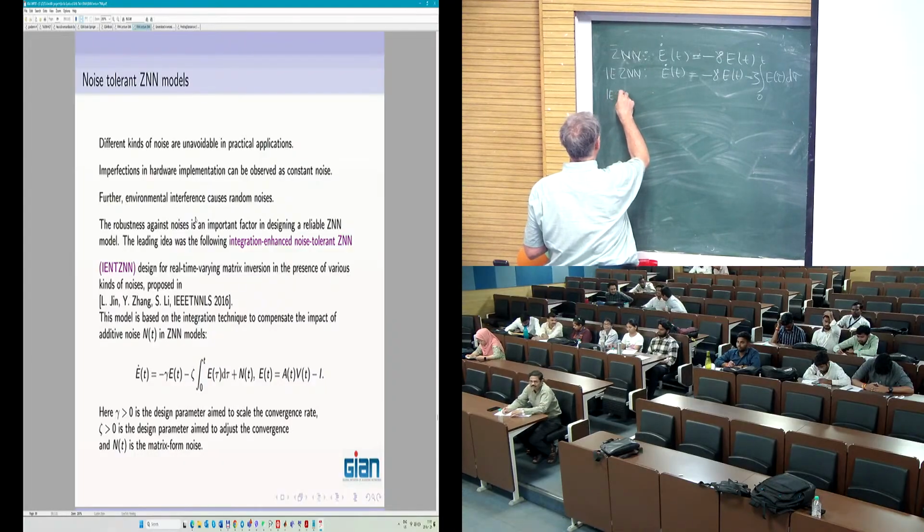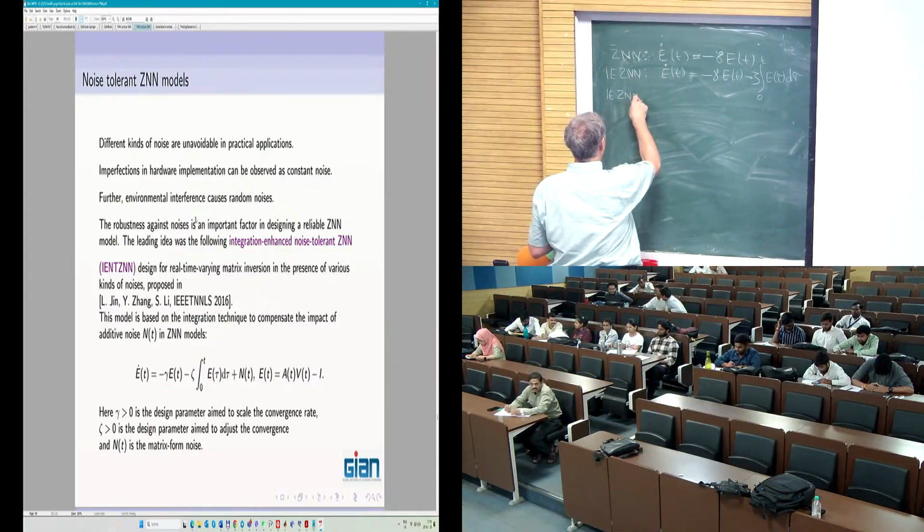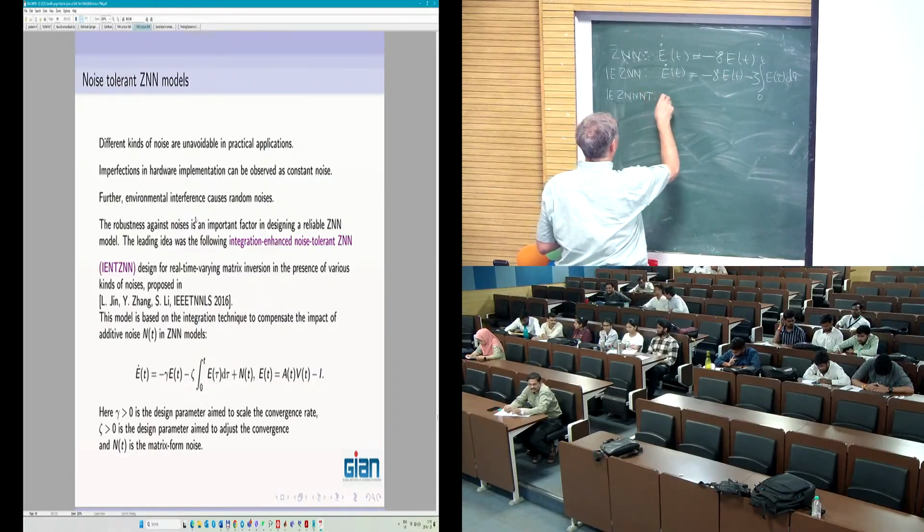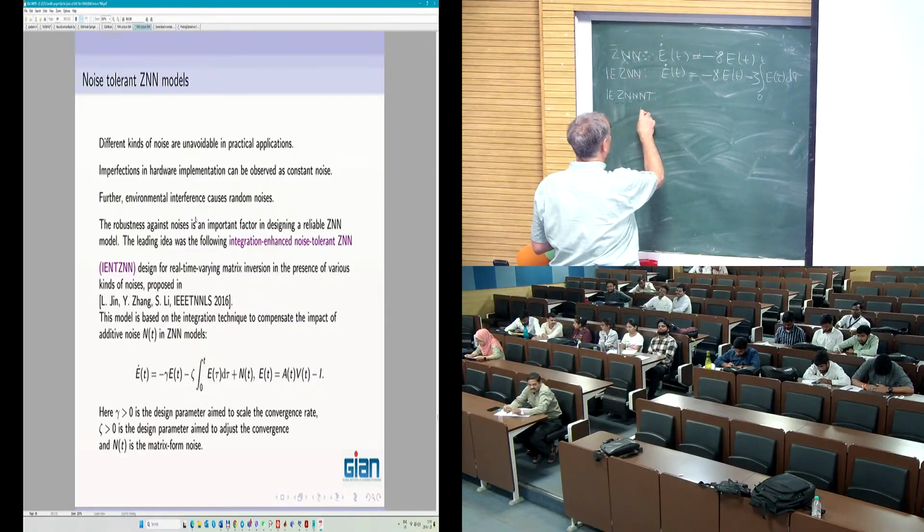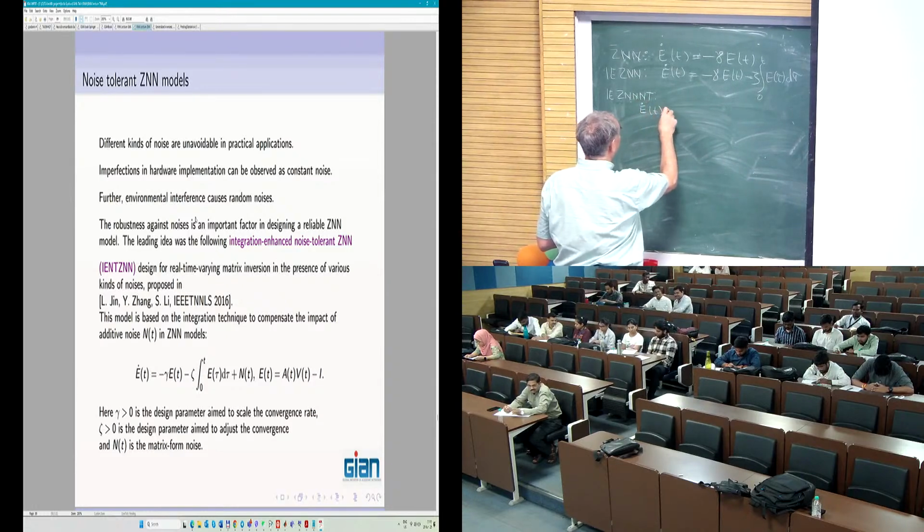Integration enhanced ZNN noise tolerant assumes noise, additive noise for example, in the end.